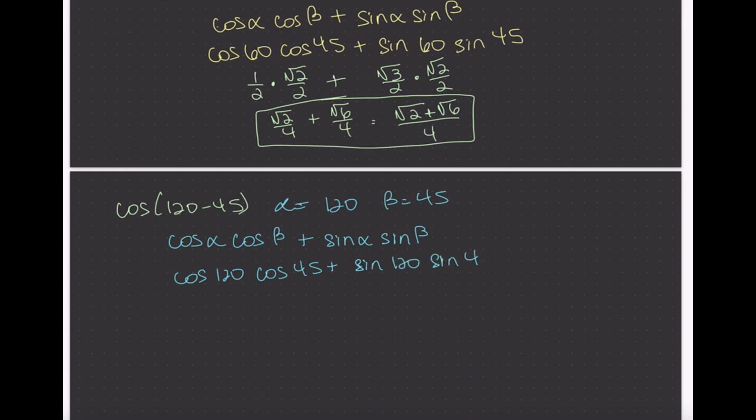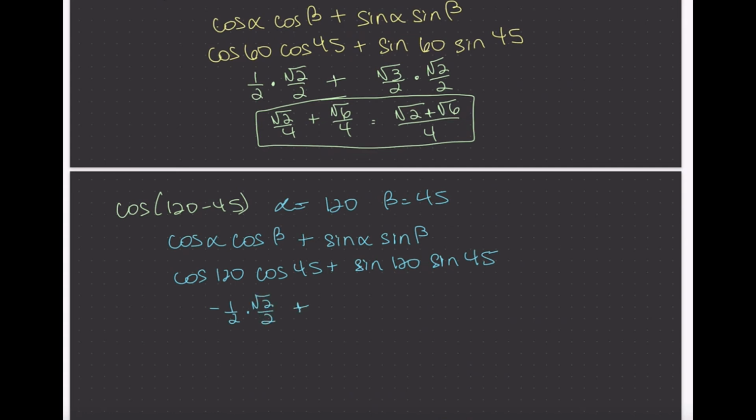Sine of beta, 45. Good so far? So now, what is the cosine value at 120 degrees? Negative 1/2. Yeah. What's the cosine at 45? Square root of 2 over 2.